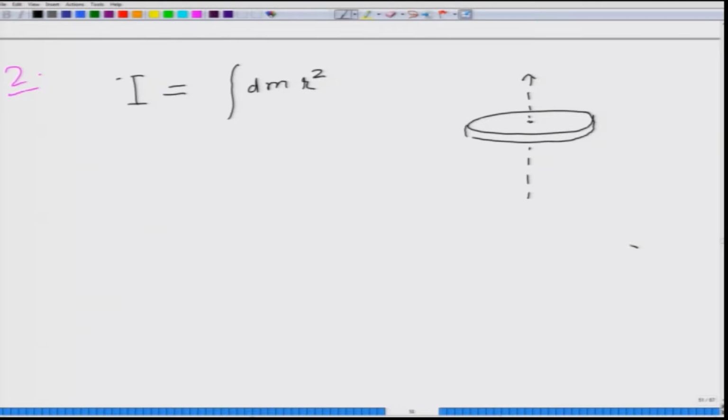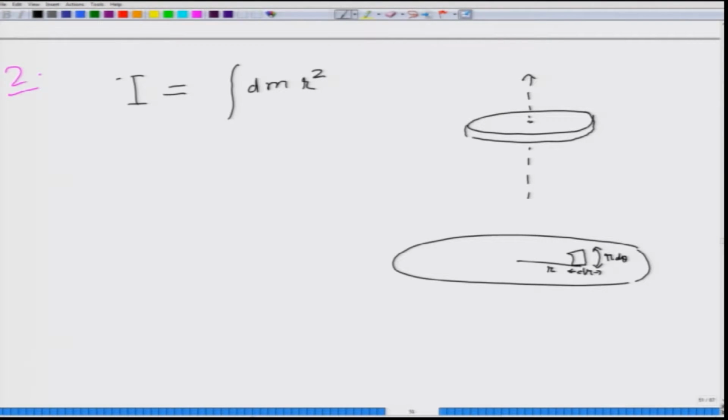Let's make the schematic disk here. Let's take a small portion of this disk which is at a distance of r, and this distance is dr. This distance is r times d theta, where d theta is this angle.